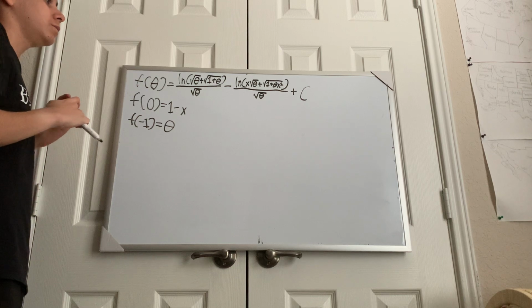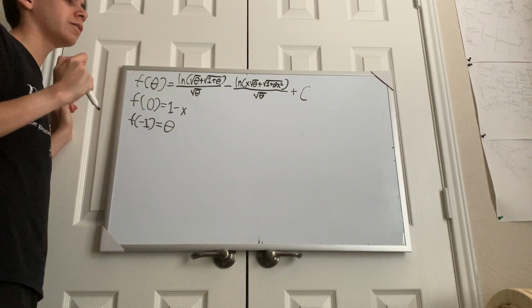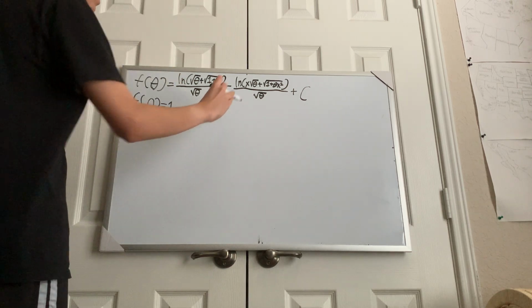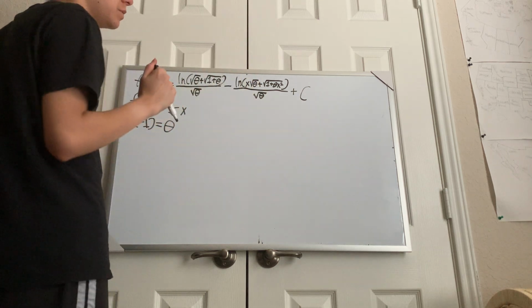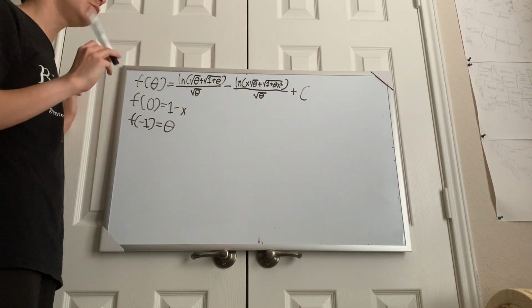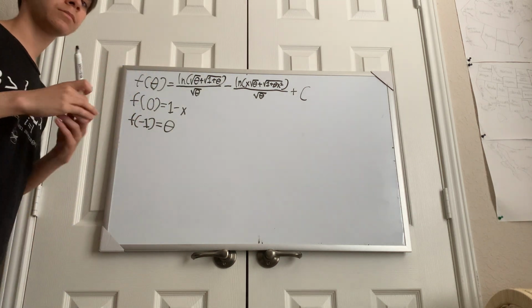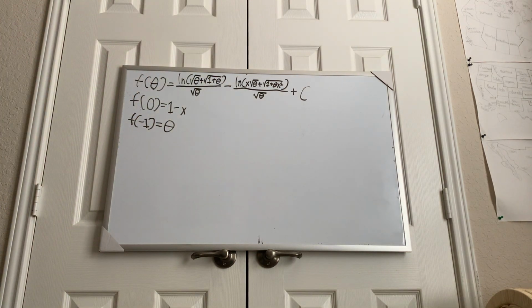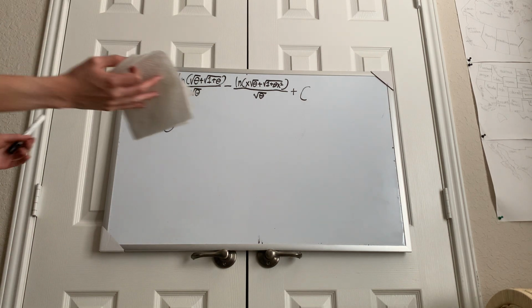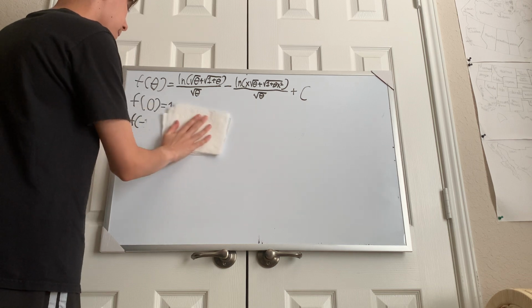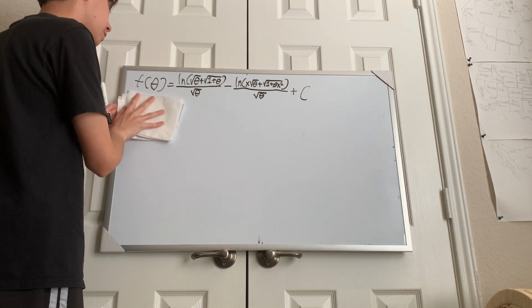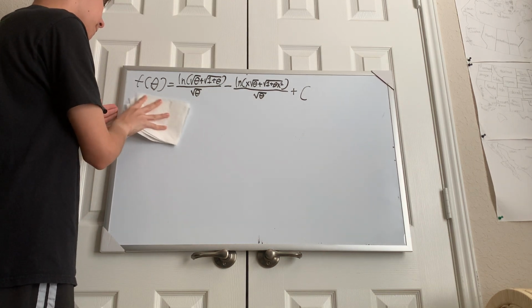So ln 1 is 0 divided by square root 0, that becomes indeterminate. Same thing here, natural log of 0 plus 1 is just 0 divided by 0, and that's indeterminate. However, we can use L'Hopital's rule to simplify this, since they are both indeterminate.